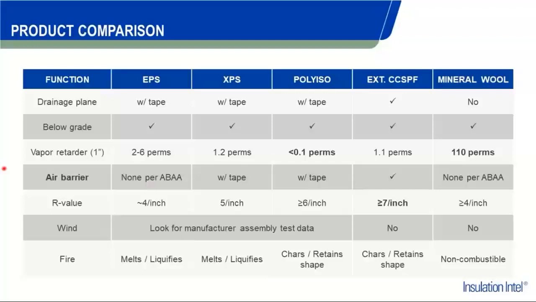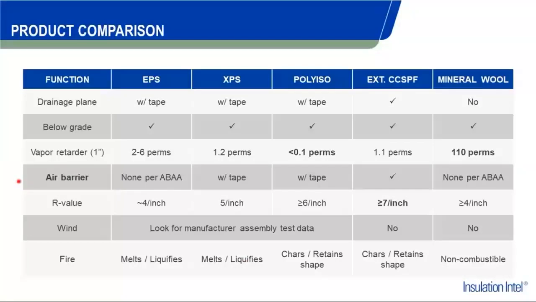If you're using closed cell spray foam, it actually creates its own air barrier. With some of the other materials, such as EPS, it is actually not an approved air barrier. And these approved air barriers are approved by the Air Barrier Association of America. That's what the ABAA stands for.